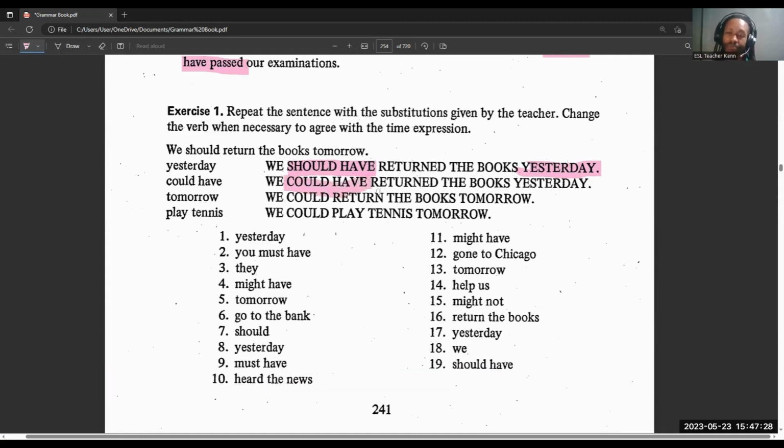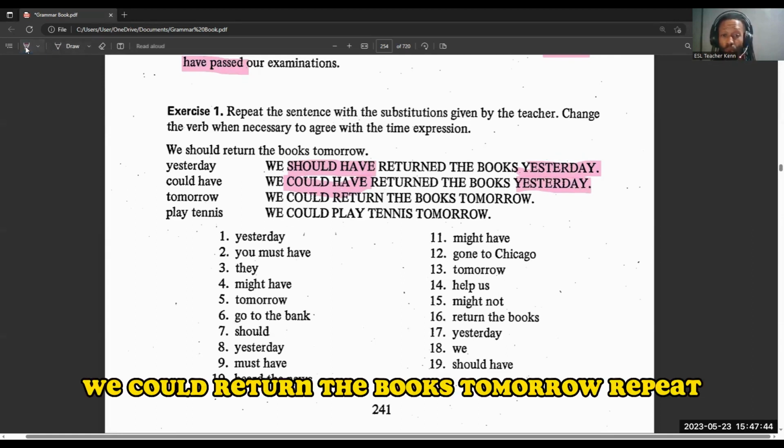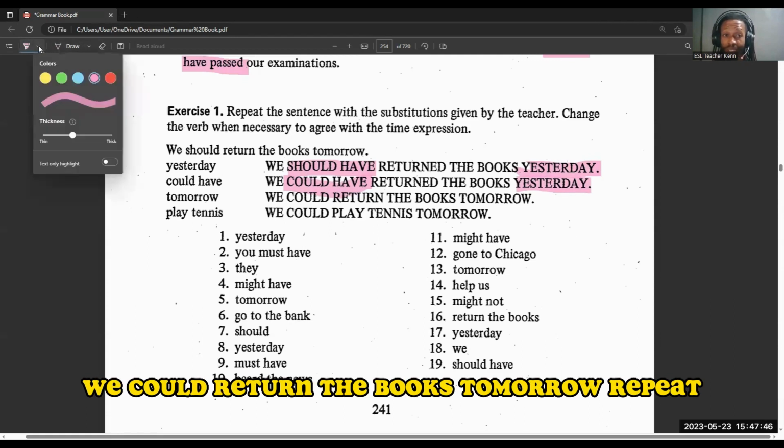Repeat. Very good. Tomorrow. We could return the books tomorrow. Repeat.